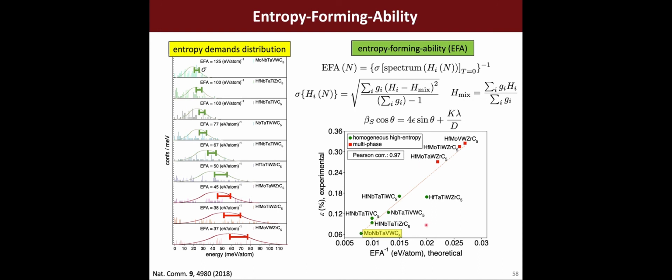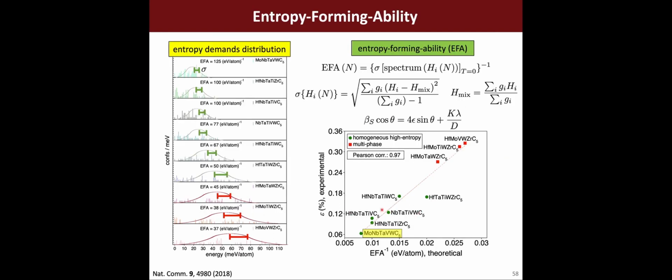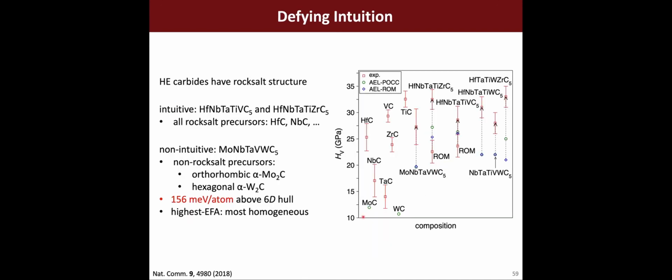Let's focus on this material here, which is the one that has the highest EFA. In a lot of ways, this material defies intuition. Remember, we built these structures earlier. They have a rock salt parent structure. And intuitively, let's focus on the next nearest two, which are these hafnium-based high entropy carbides.